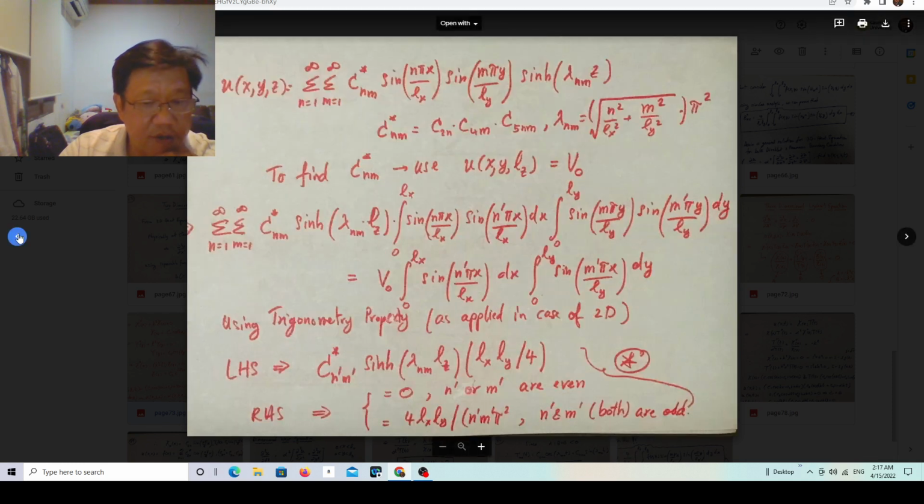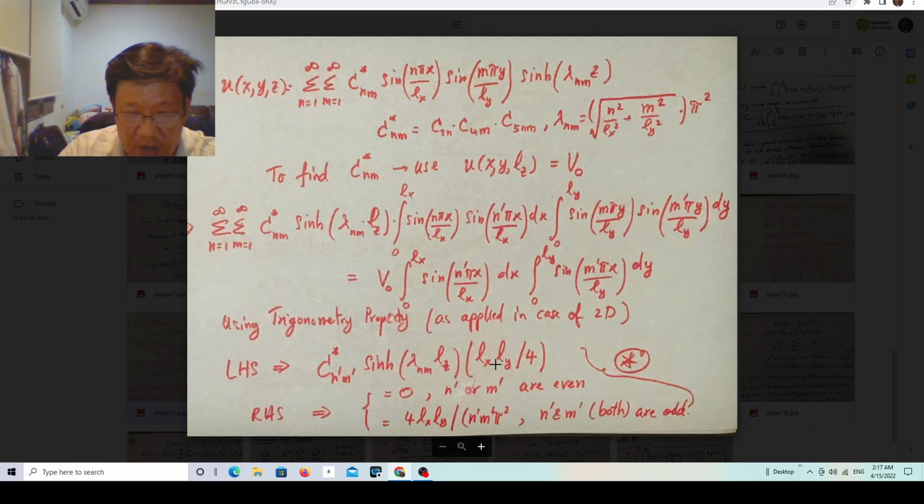You can do it here because this is the left-hand side. Here, this is a constant L sub x L sub y, and this is the right-hand side. This is divided by 4. When you move to the right-hand side, this becomes 16, and L sub x and L sub y cancel each other.